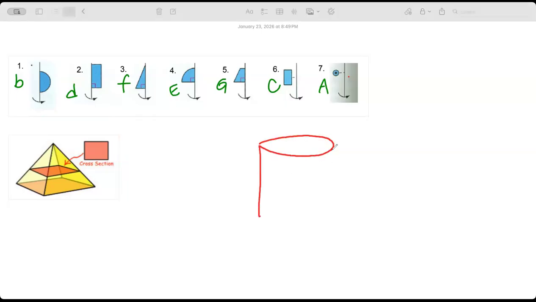How about this? This is a cylinder, right? What is the vertical and horizontal cross section of the cylinder? That's easy, right? Is the vertical a rectangle and the horizontal a circle? Very nice. Horizontal is a circle, vertical is a rectangle.